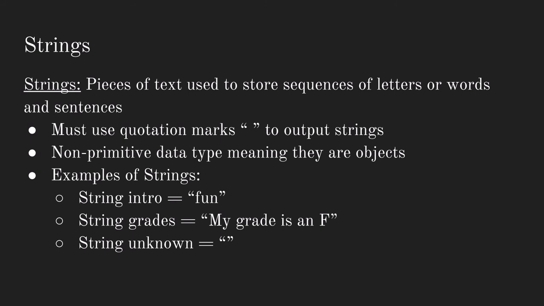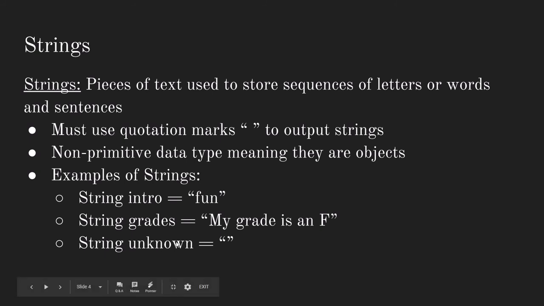What are examples of strings? As long as you see the quotation marks, that will pretty much indicate a string. Let's say we have the variable intro, declared as a string, and you wanted it to equal the value fun. You would put quotation marks around the word fun and initialize intro to it, and so on with grays and unknown.